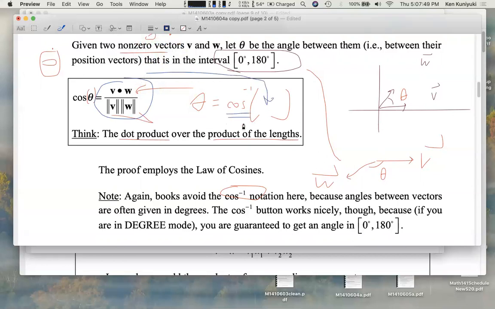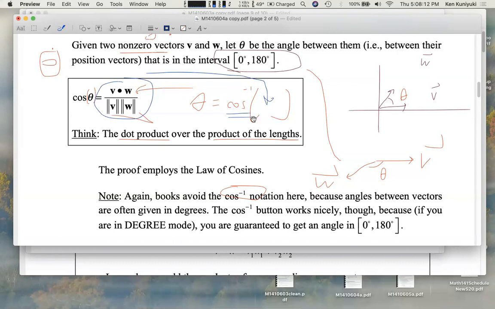We can use the inverse cosine notation. Now, some books may still hesitate because, remember, many books say that if you have inverse sine, inverse cosine, inverse tangent, the result should be written in radians. I don't have that rule. I'm okay with you using inverse cosine notation and then giving me an answer in degrees. I'm okay with that. Okay, that's the least of our worries, I think.